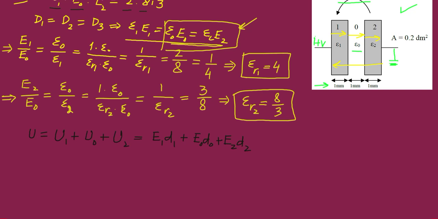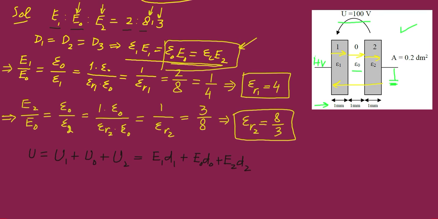Now in this equation we have three variables, E1, E0, and E2. We are going to reduce these variables to 1. How can we reduce them? Again, from the given ratio, E1 ratio E0 ratio E2 is equal to 2 ratio 8 ratio 3.